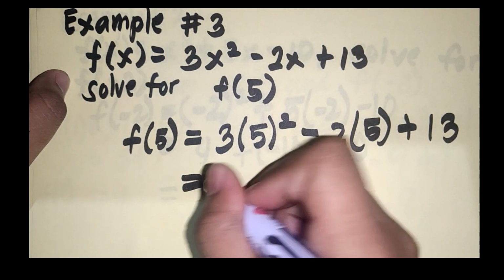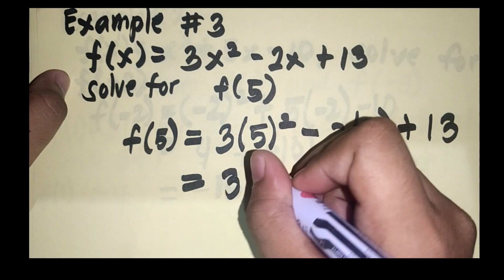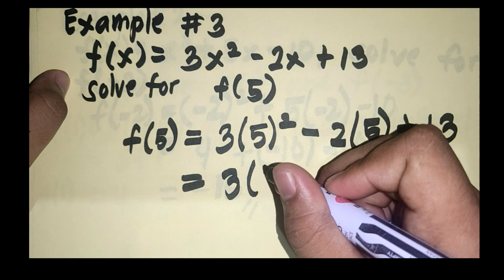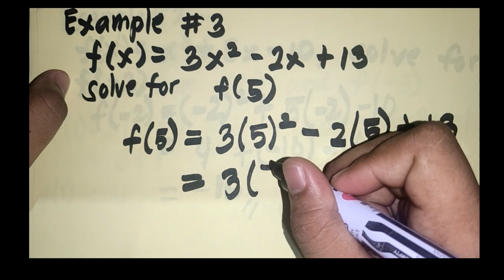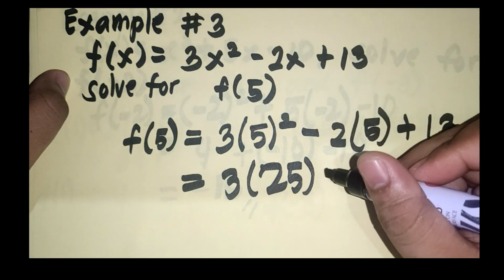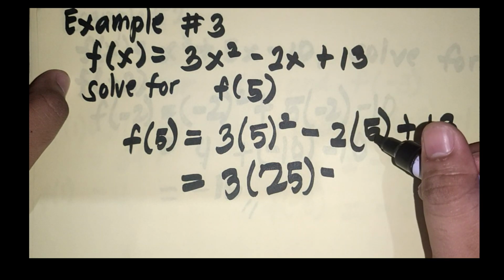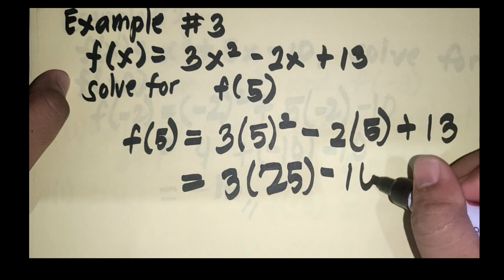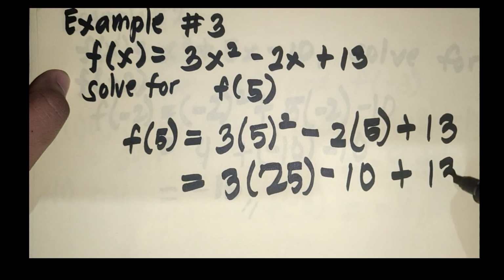Okay, so start with the exponent. 3 times 5 raised to 2, we have 25. Minus 2 times 5, we have 10 plus 13.